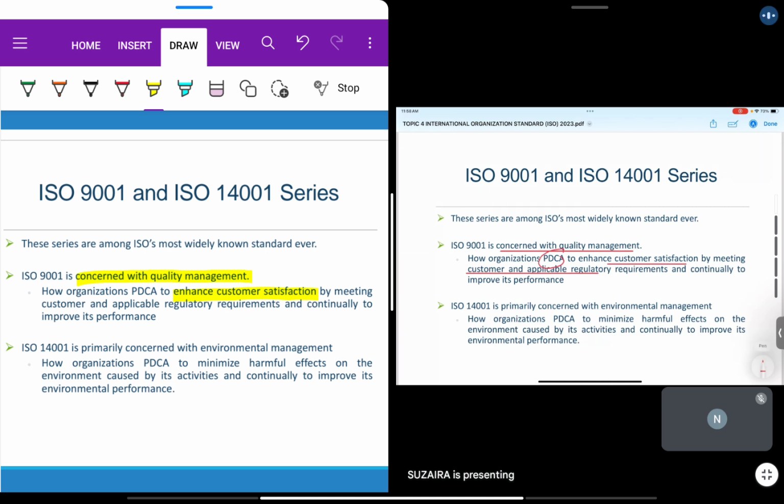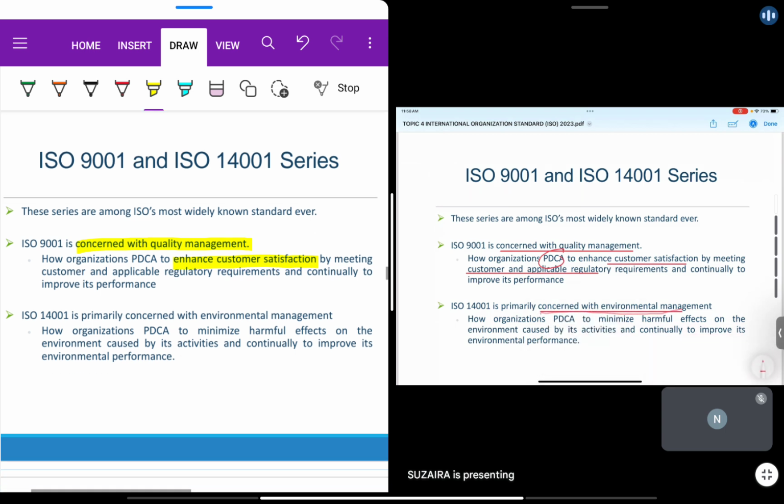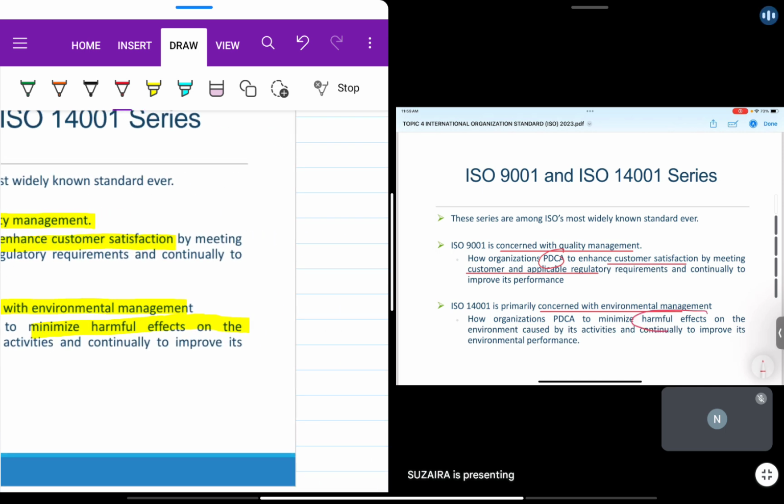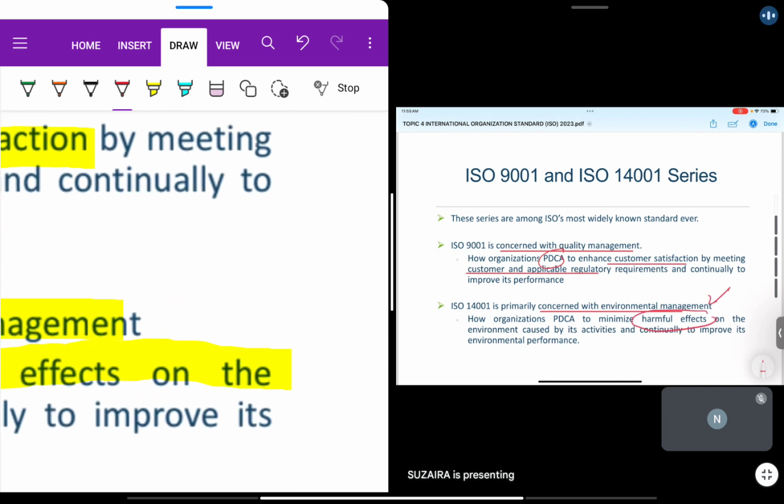And whenever you talk about 14,000, it is concerned with environmental management, more towards how we handle waste, how we manage waste, or how we try to minimize harmful effects. This one is more towards reducing pollution.